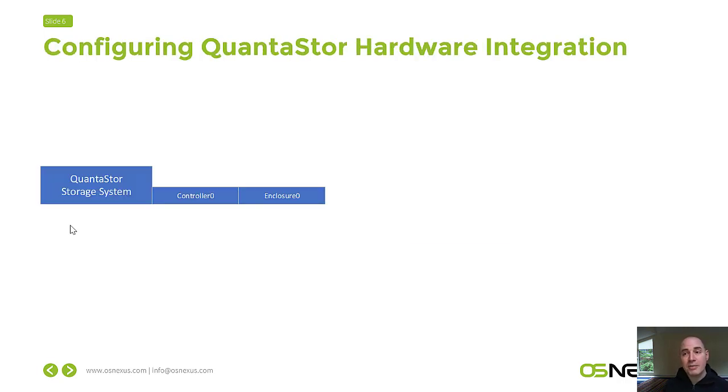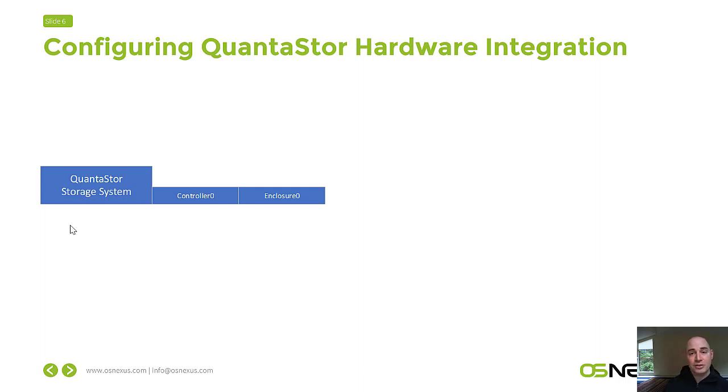So let's talk a little bit about the QuantaStor model for hardware integration. Each QuantaStor server is referred to as a storage system. And each storage system will have one or more controllers in it that are used to communicate with the storage media. In this case, this is one system with a single controller that has detected a single enclosure.